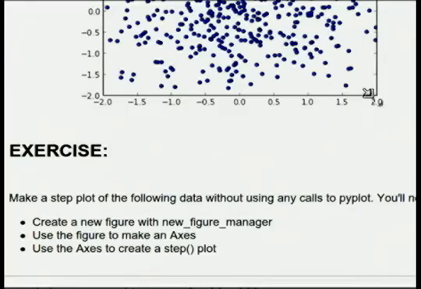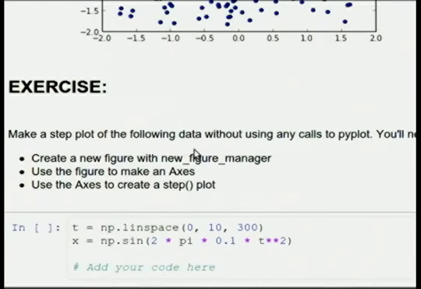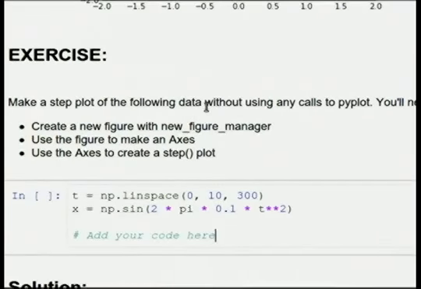If you're doing inline, you're probably going to do backend_agg. Use that figure to make an axes object, and then use the axes. They have methods for all plotting commands. In this case, I said step, really, take your pick. I just figured something different other than a standard line plot. So you already have the data there, and I'll wander around if anyone has questions. If I've been unintentionally vague here, please let me know.